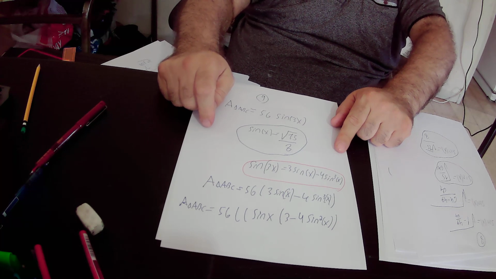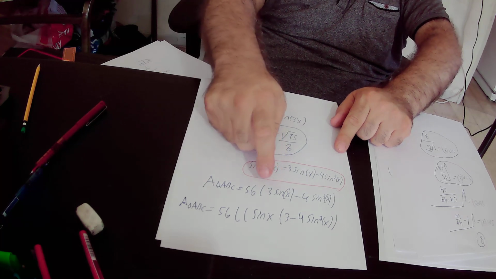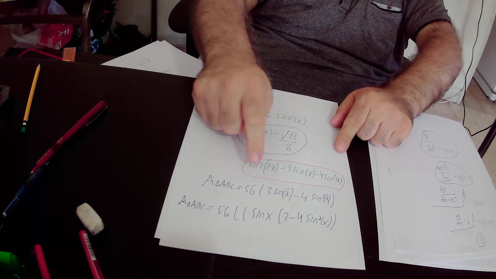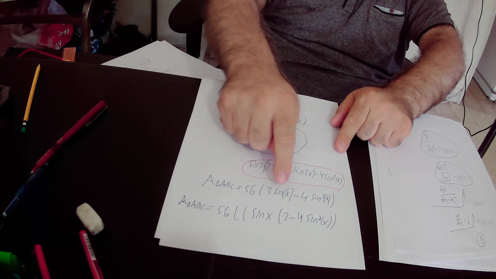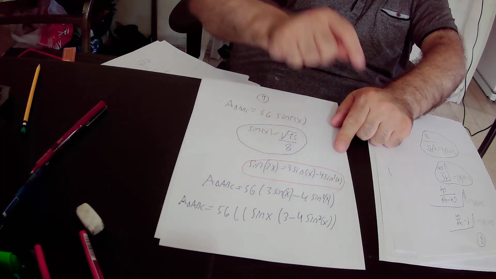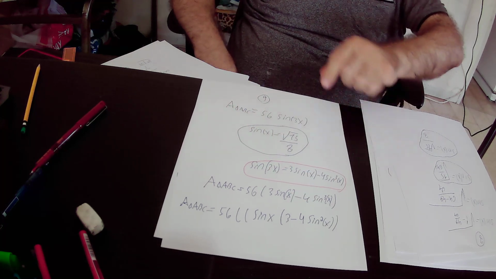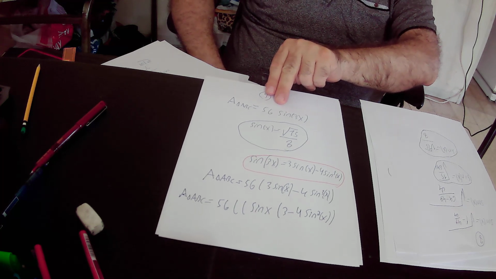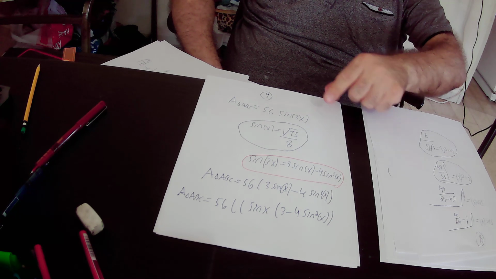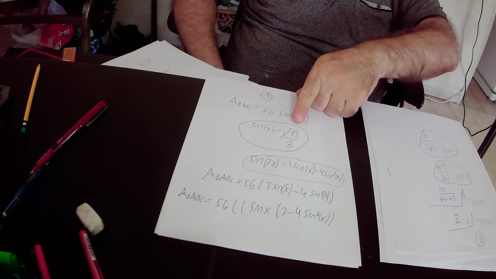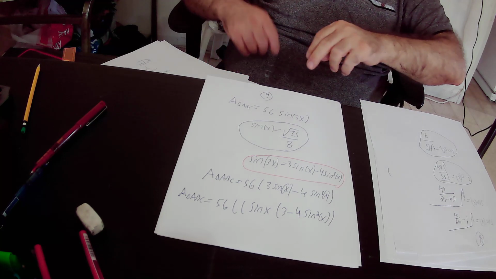Then we took out sine x as a common factor of this expression, and inside the brackets what is left is 3 minus 4 sine square x. And we have already found out that sine x equals root 15 over 8.